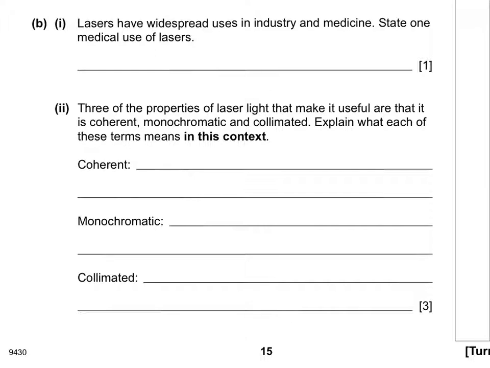Three of the properties of laser light that make it useful is that it is coherent, monochromatic, and collimated. Explain what each of these terms means. Well, coherence is all to do with the idea that the waves are all in phase with each other as they go along.